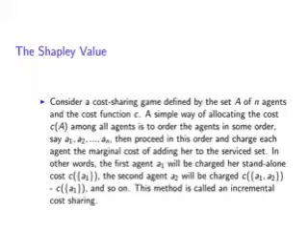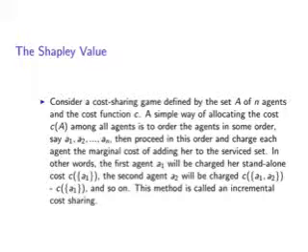The Shapley value. Consider a cost-sharing game defined by the set A of n agents and the cost function C. A simple way of allocating the cost C of A among all agents is to order the agents in some order, say A1, A2, A3, until An. Then proceed in this order and charge each agent the marginal cost of adding her to the service set.